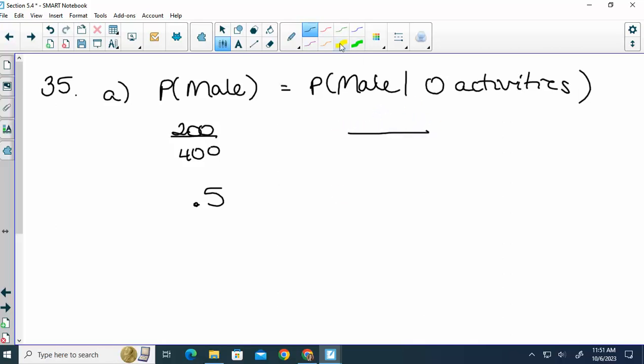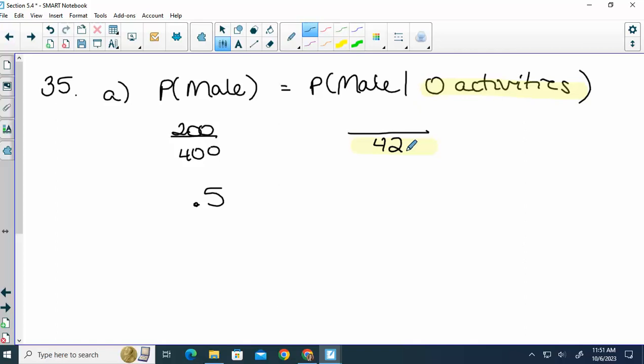That means I already know there were zero activities. That is my denominator. So zero activities, how many students? No. The total for zero activities, 42. If you cover up the rest of that table, if you're not looking at the table, this probably doesn't make any sense. Everybody needs to open up to page 288 and follow along here.